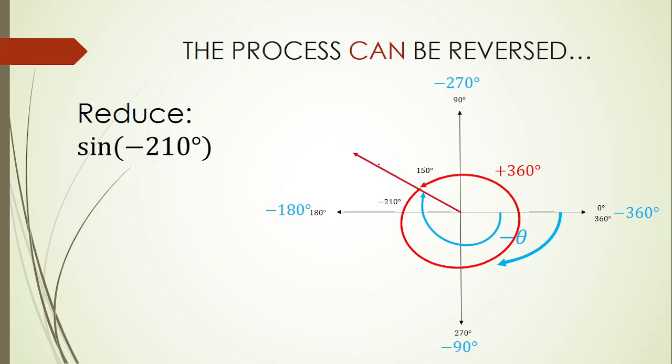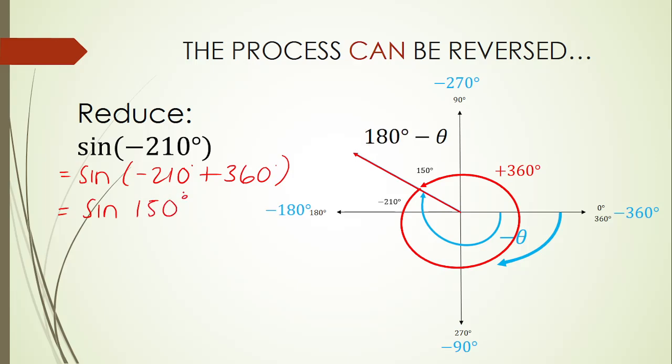It takes us to 150, which is the exact space where negative 210 is. So you're going to go sine of negative 210 plus 360, and that's going to leave me with sine 150.